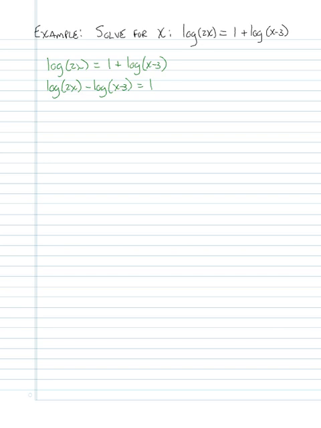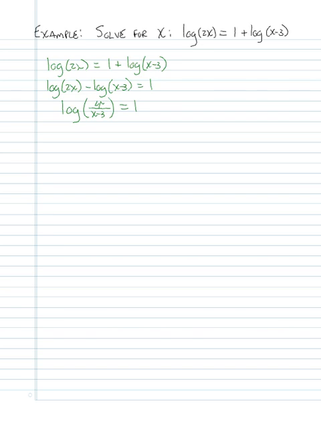Now this time we're subtracting logarithms, and the way we bring those together as a single logarithm is law number 2, isn't it? We say that's the same as the logarithm of a fraction where the numerator is 2x and the denominator is the argument x minus 3. So that's the single logarithm that we're dealing with now.